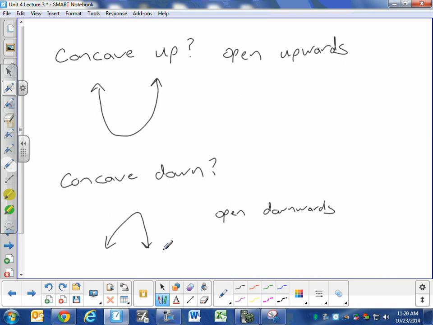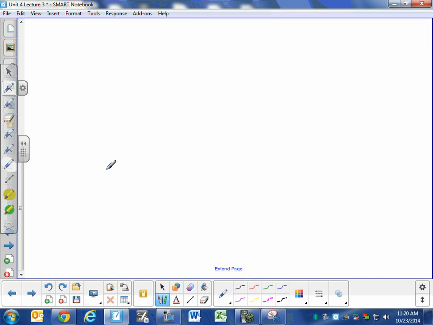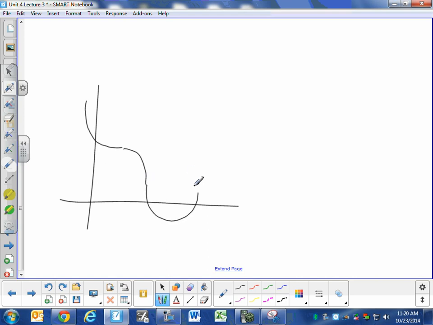We will see that graphs are not always all one way or the other. You can have portions of graphs that are concave up and portions of graphs that are concave down. An example could be like this. This part here, so here, this is concave up.